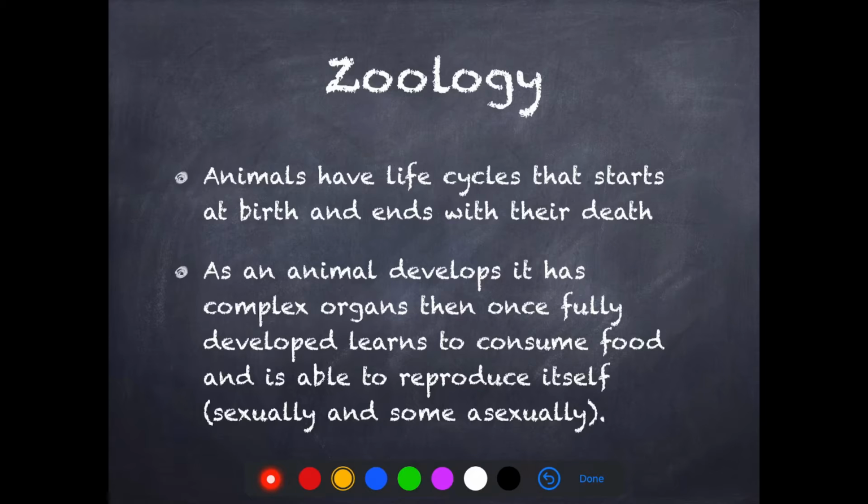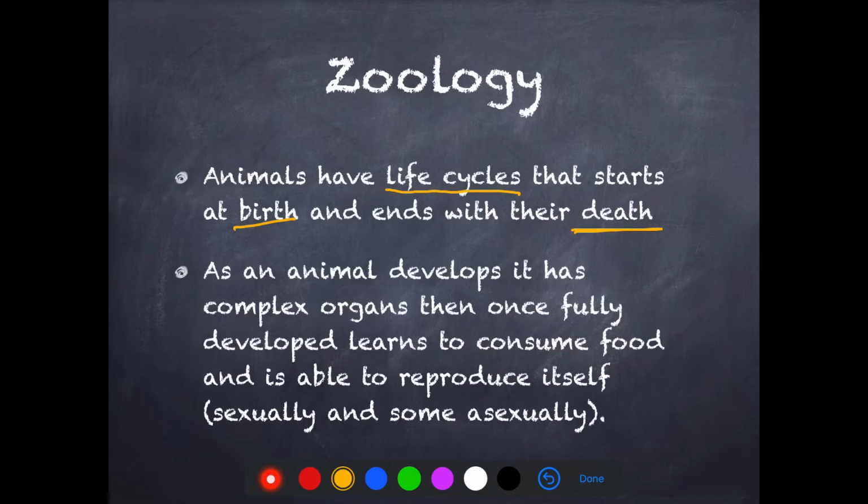Continuing with zoology, animals have something called life cycles, which means that it starts when they are born and then it ends when they finally perish and die. An animal is also going to develop pretty complex organs as they grow.